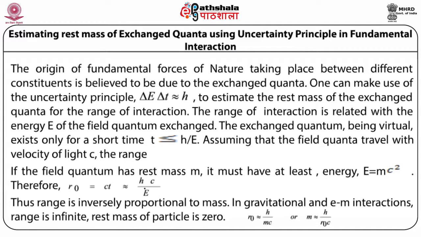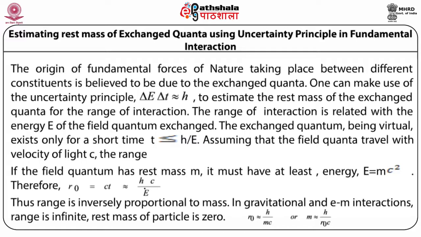So here r0 is equal to ct is approximately equal to hc by E, where c is the speed of light, t is the time coordinate, h is the Planck's constant, and E is the energy as given by the above relation.